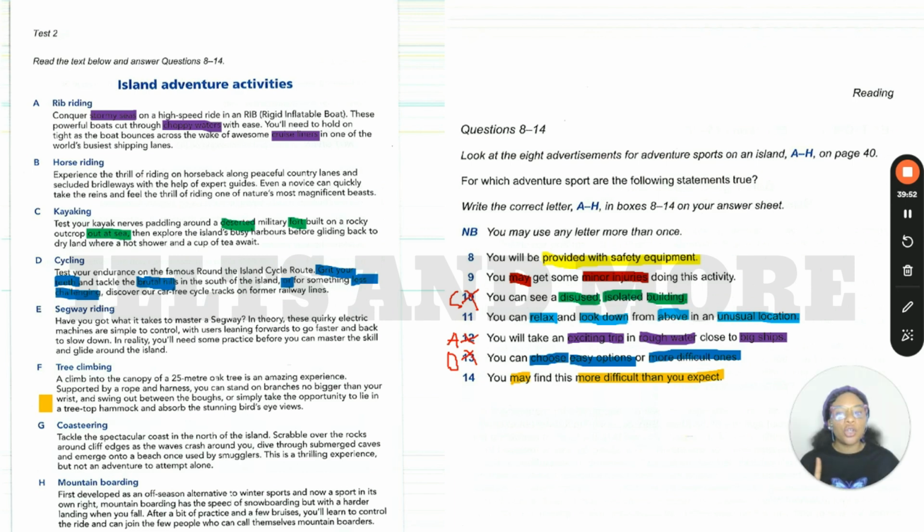All right. Have you got what it takes to master a segue? I don't know what a segue is. I'm just saying I don't know. But let's imagine I don't know what a segue is. Doesn't matter. I keep reading, okay? In theory, these quirky electric machines are simple to control. So from the context, I already know that a segue is a sort of electric machine.